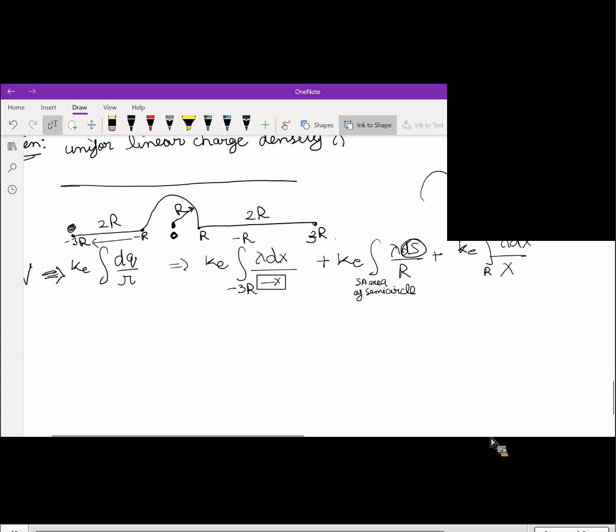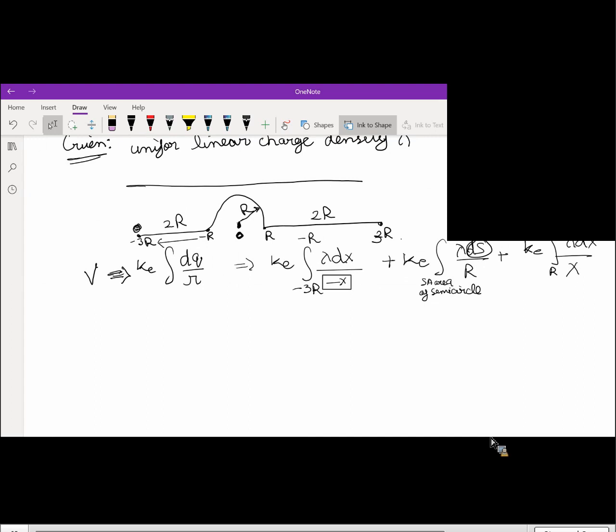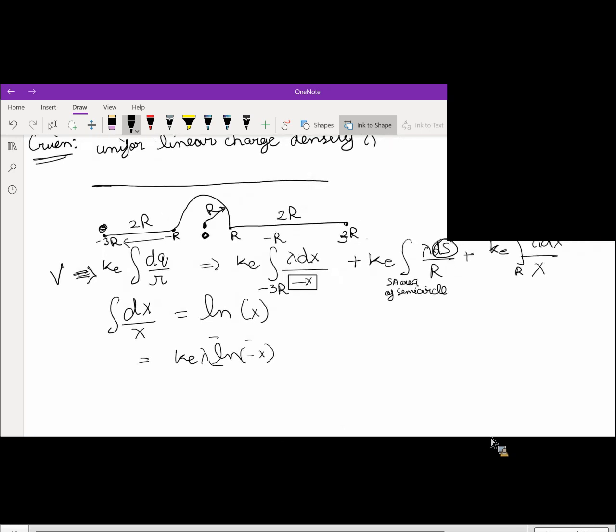Yeah, makes sense. Okay, so what is this integral? This is our favorite logarithmic x. Now all you have to do is apply limits and solve the question.